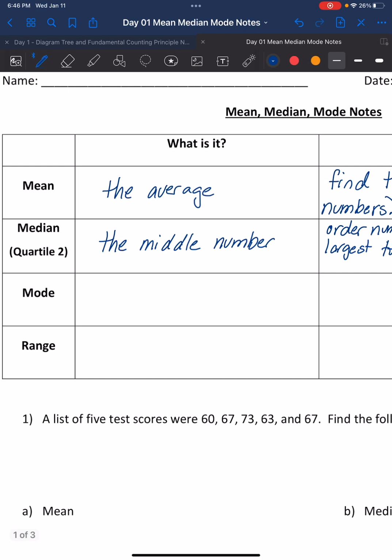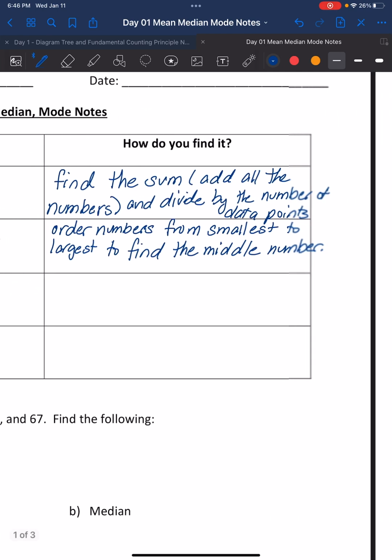Okay, your mode. I want you to remember, a mode is the most frequent number or the most often occurring number. See, mode, most frequent number. And how do we figure that out?